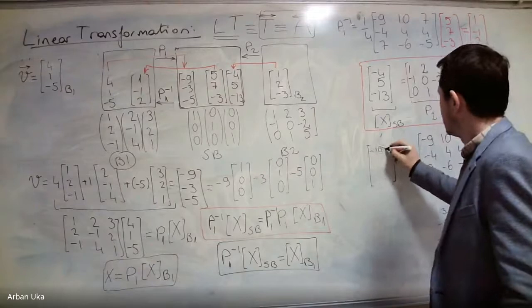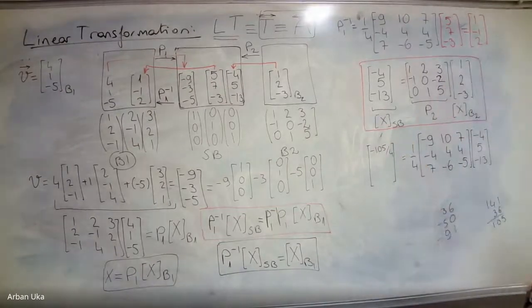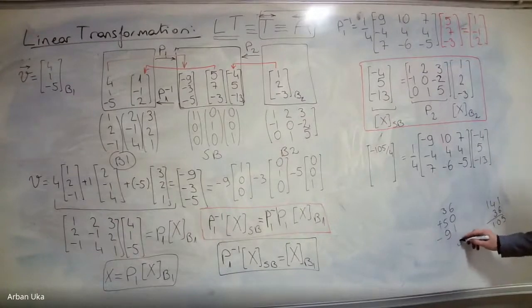Minus 105 divided by 4. If I check this again, this is 36 plus 50 minus 50. No, wait a second, plus, wait a second, no, this is a mistake. This is 36 plus 50 minus 91. Okay, we can correct this.